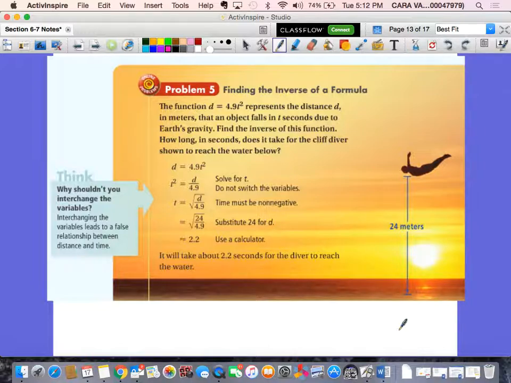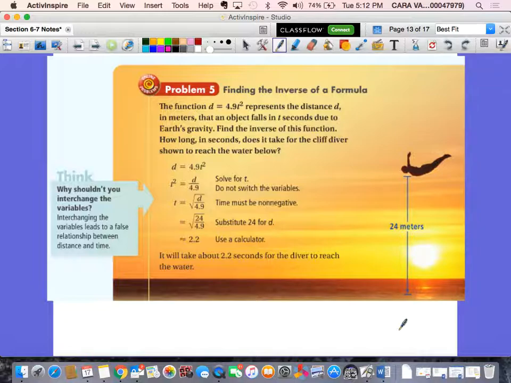So as you can see here, you don't want to mess with that equation because that represents gravity. That is a meaningful and powerful equation, so we don't want to go switching variables here. We just want to solve for the other specific variable. We want to solve for t here because it's asking us how long. All we have to do is get the t variable by itself.